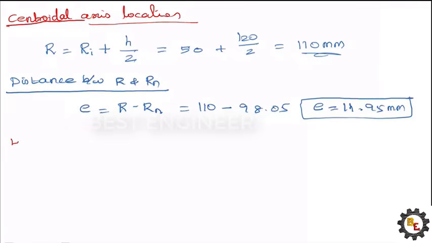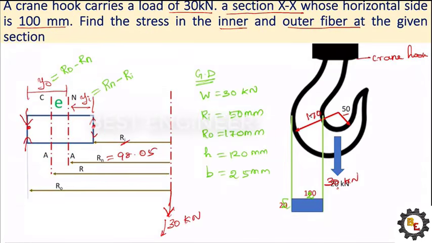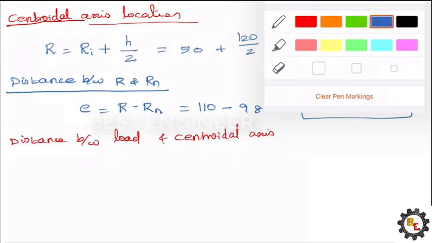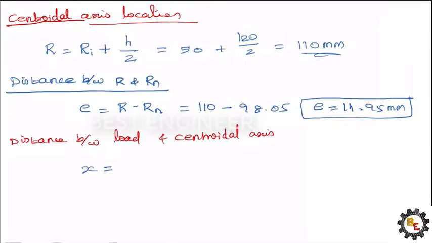Now let's find the location of load. Let's find the distance between load and central axis. We are applying the load at the central axis, located at Ri plus h by 2. So this distance is x, that is also equal to R, 110 millimeter.